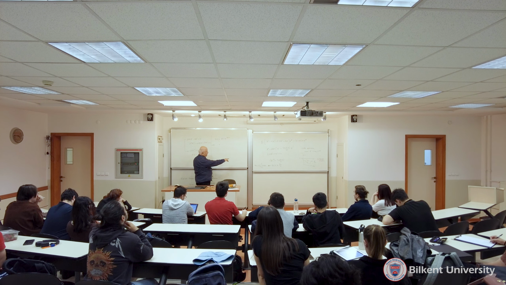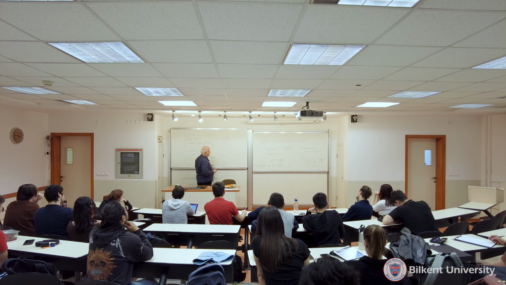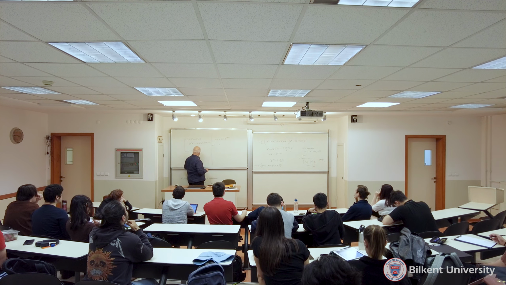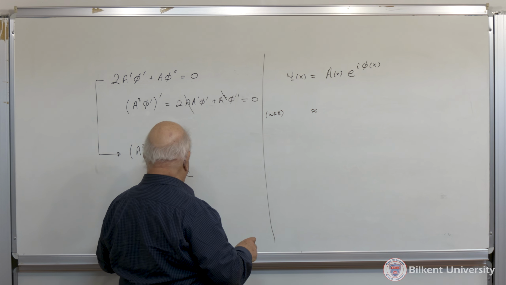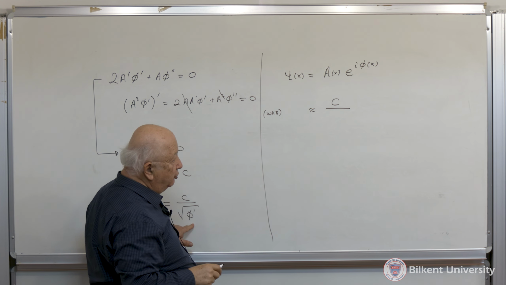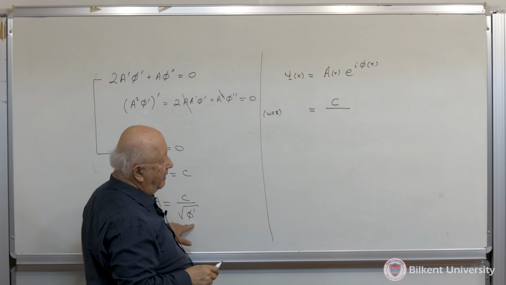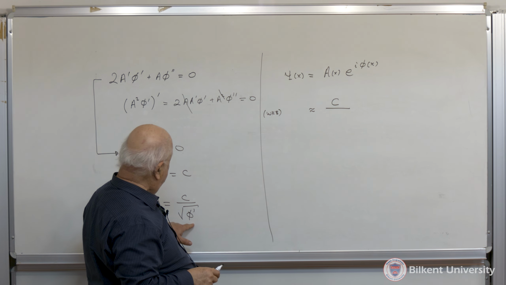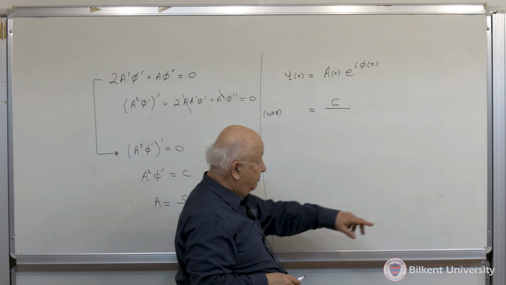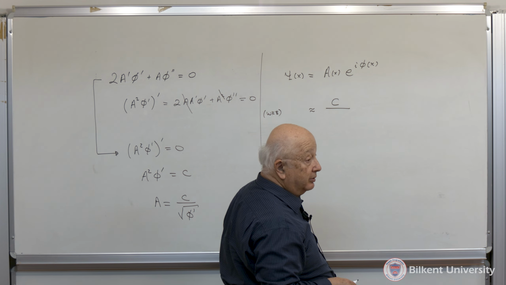So that's my phi of x. So what is A? A is going to be equal to c over square root of phi prime. So phi prime is just that thing over there, right?